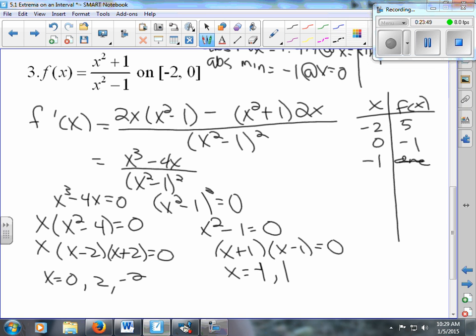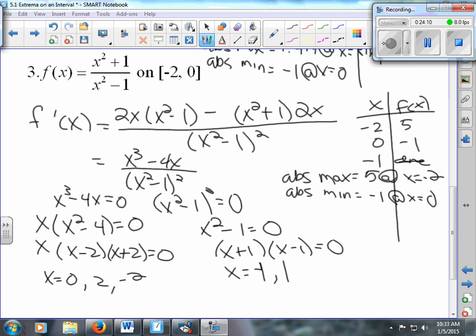And so there's nothing happening at -1 other than actually a vertical asymptote. So my absolute max is 5 at my left endpoint. And my absolute min is -1. Okay, so this is actually 5/3. I plugged that in wrong. Okay, and these aren't right.